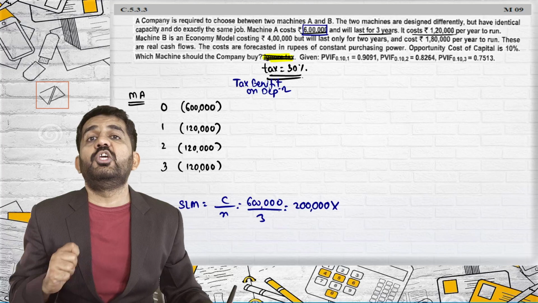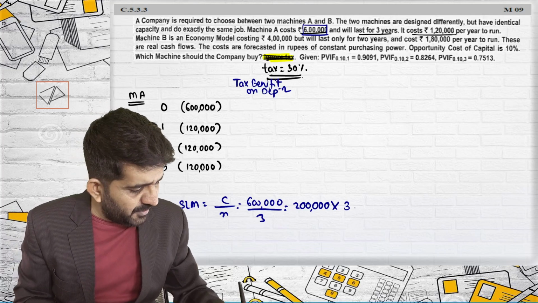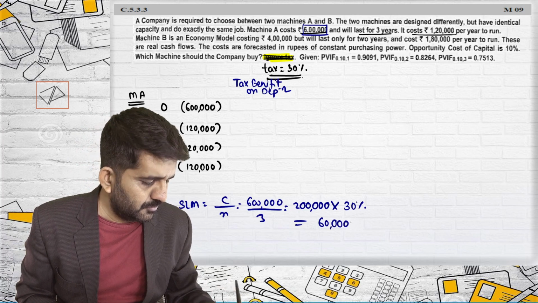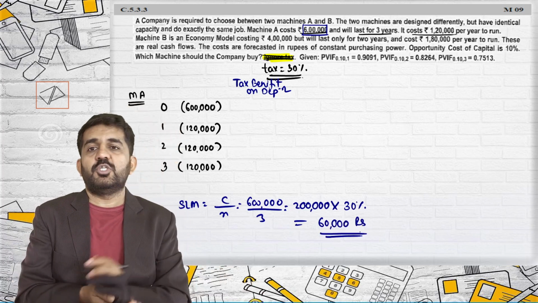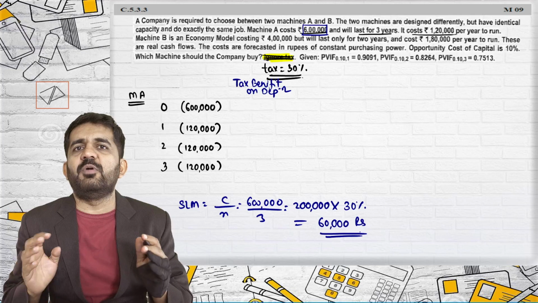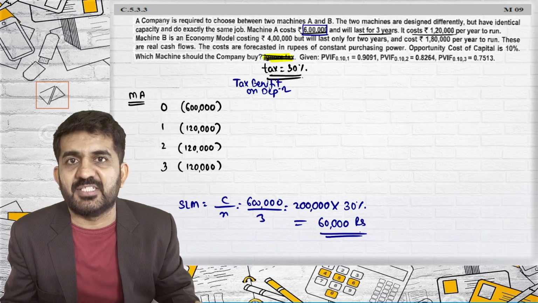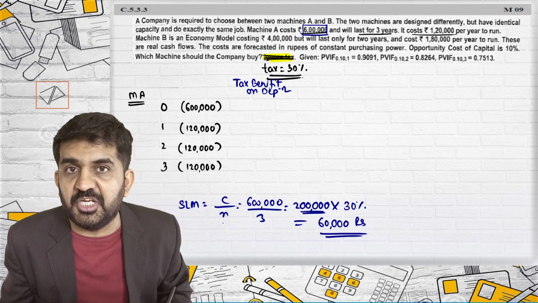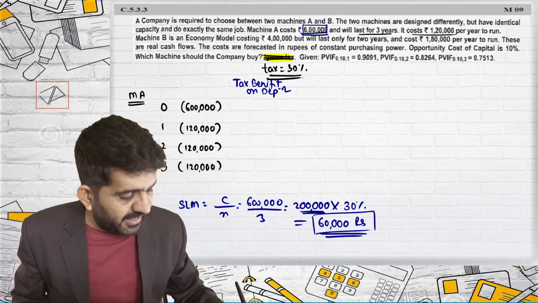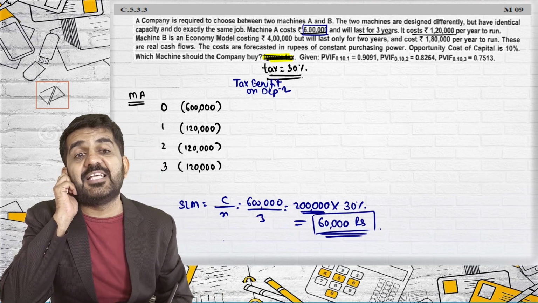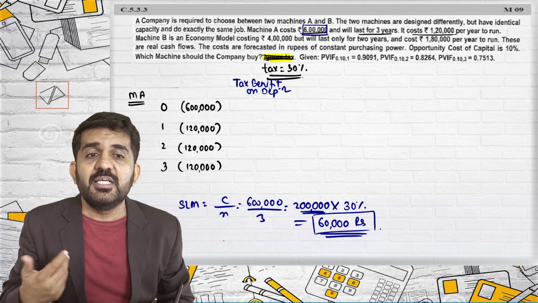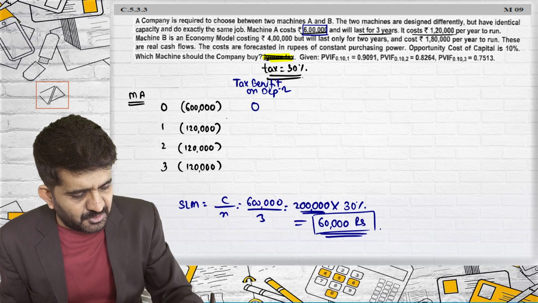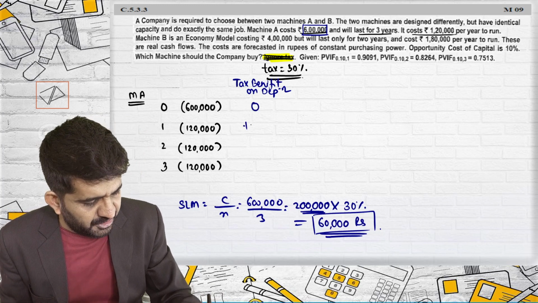So every year, what will be the tax benefit from depreciation? It is 60,000 rupees. Whenever you file the income tax return of your business, there will be depreciation of 2 lakh rupees because of this machine, and so you will end up paying 60,000 rupees less tax. So I am directly considering the tax benefit on depreciation every year.